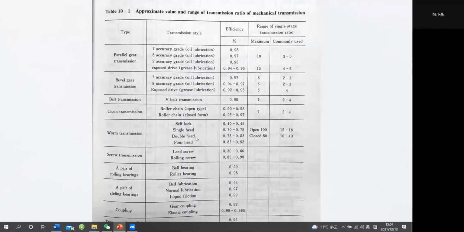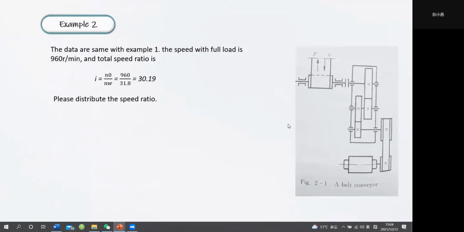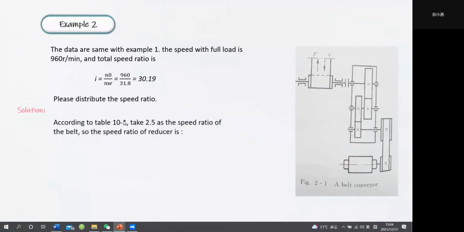Let's see the example. The data are the same as example 1, and the total speed ratio is 30.19. Please distribute the speed ratio. First, according to the table, we choose the speed ratio of the belt.